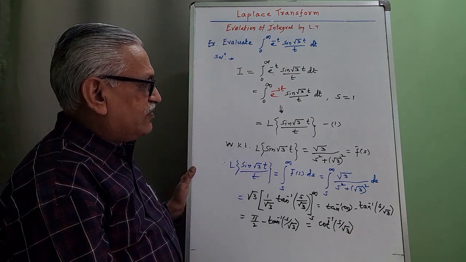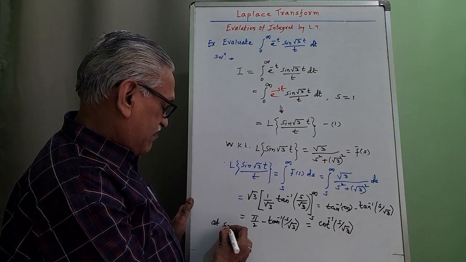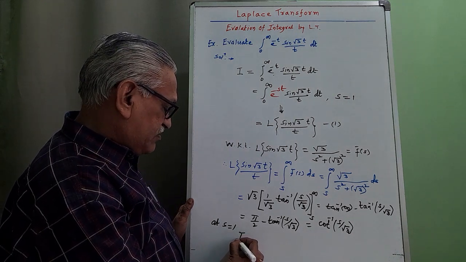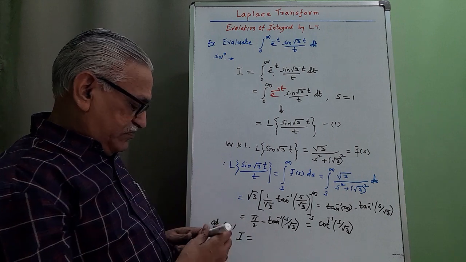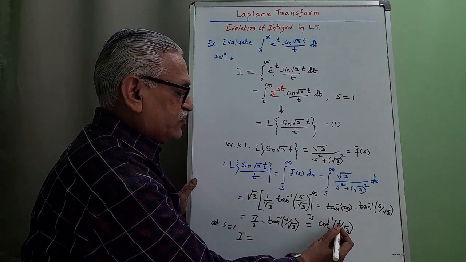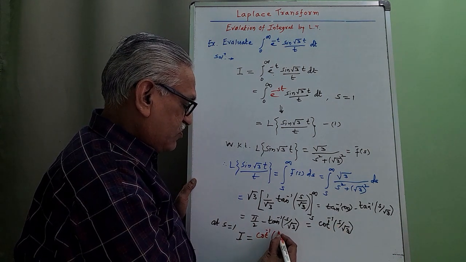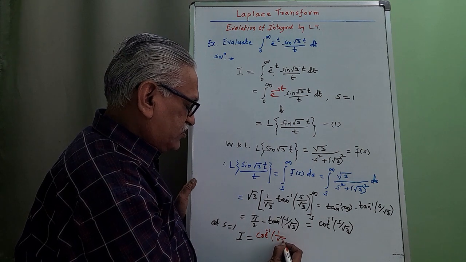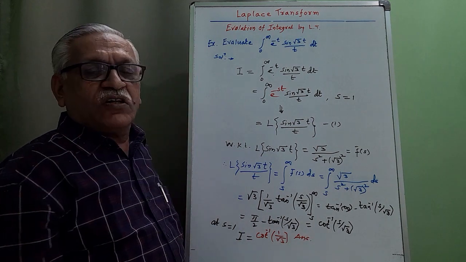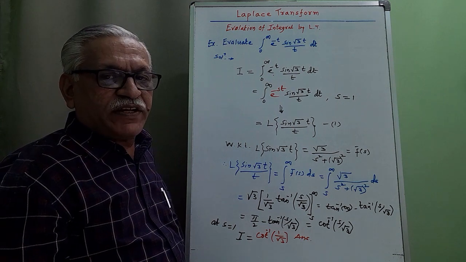And then at s equals 1, that integral becomes I is equal to, put s equals 1 here, it becomes cot inverse of 1 by root 3 as the answer, or the value of that definite integral by the Laplace transform technique.